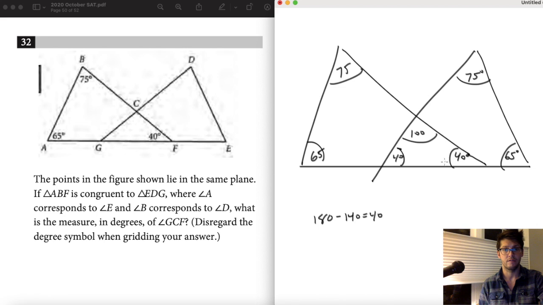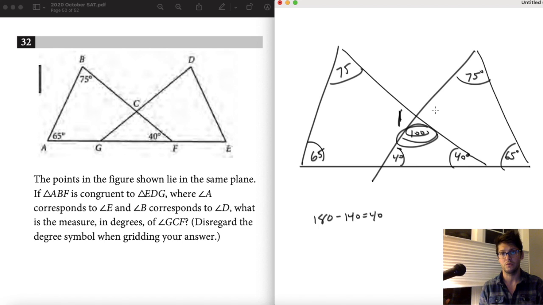GCF. Be on the lookout for them asking you questions about like these guys, which would be a little bit harder but totally solvable. Four-sided figures, if you ever wonder how many degrees in a total figure, it's n minus 2 if n is the number of sides, times 180. But a four-sided figure always has 360 degrees, and a straight line is 180.